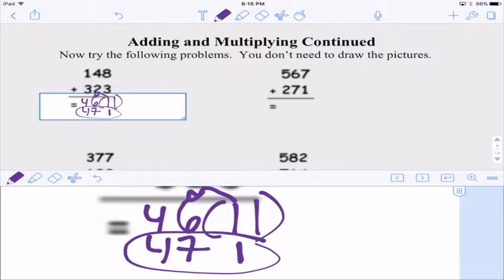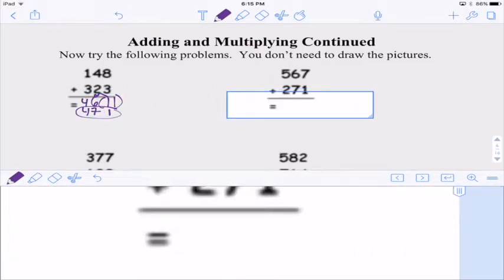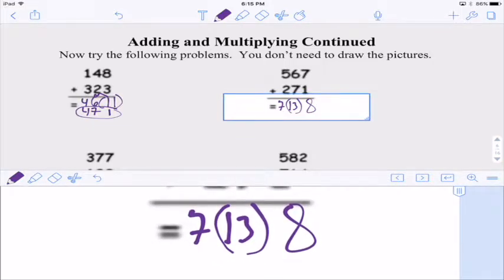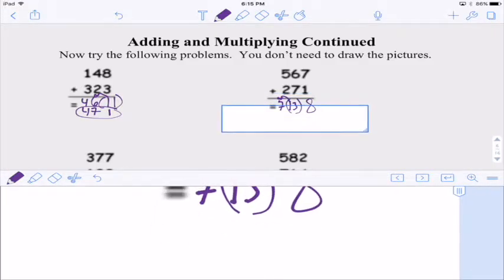Because that 10 from it needs to move over. So we could do the same thing over here. 7, 6 plus 7 is 13, and 7 plus 1 is 8. Well, remember, it's not 13, it's really 130. So we're going to move that 1 over, and so we get 838.